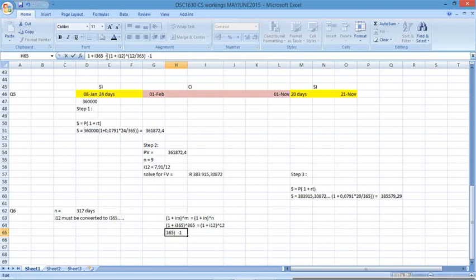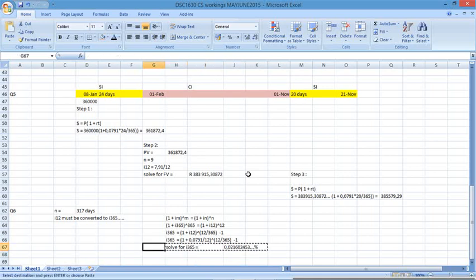Okay, and then I'll subtract 1 to get I365. Okay, so I12 was 0.791 divided by 12. Alright, so solve for I365 using your financial calculator or scientific, and you get an answer of the following percent.